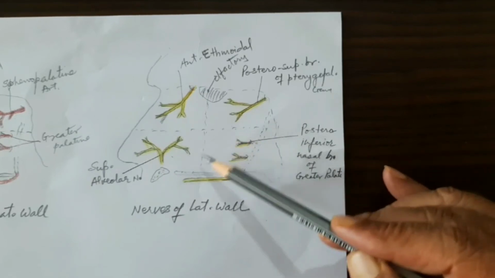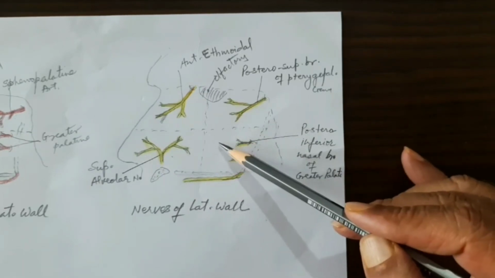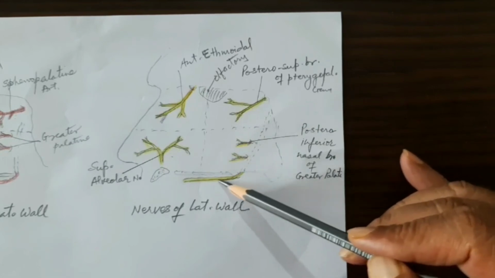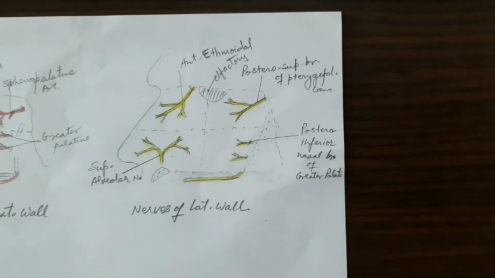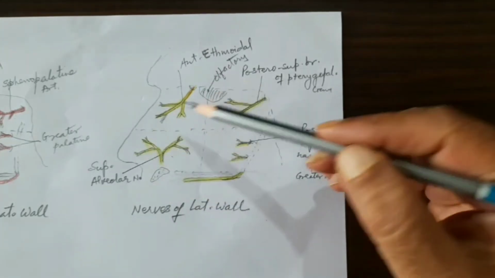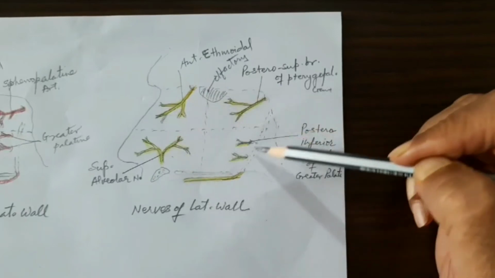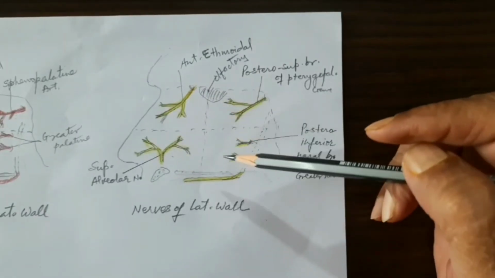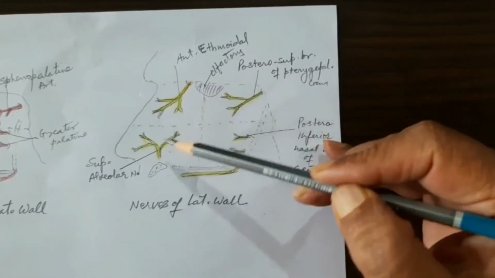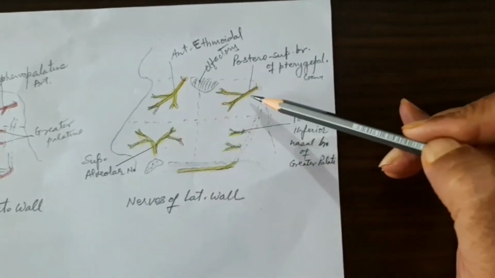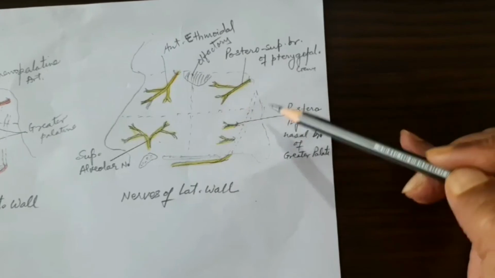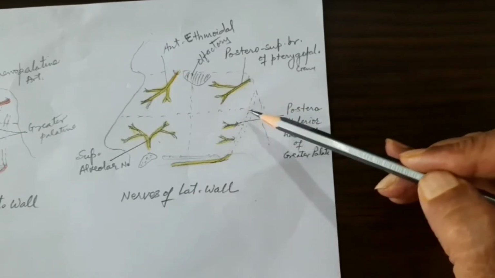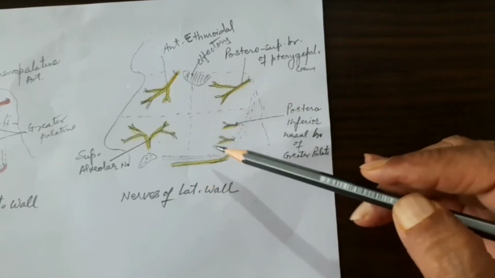This gives branches which supply the mucous membrane of the posteroinferior part. So these are the various branches which supply general sensation. Once again I will repeat: anterior ethmoidal, superior alveolar nerve, posterosuperior branch from the pterygopalatine ganglion, and the greater palatine nerves.